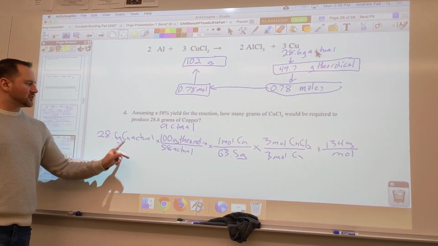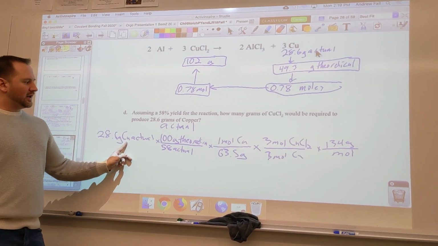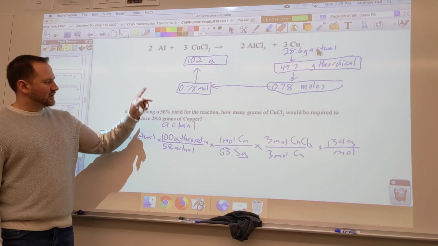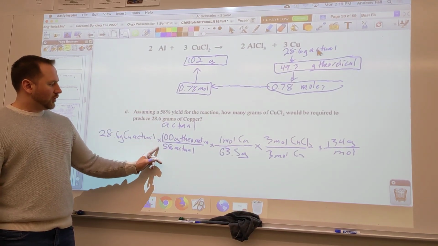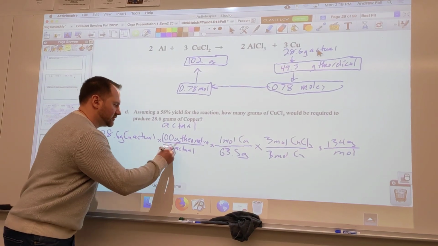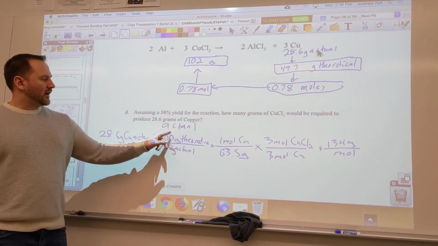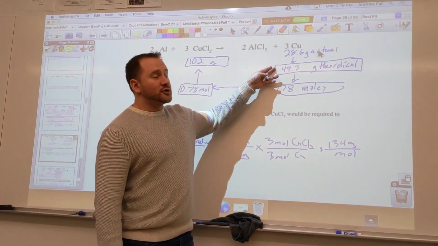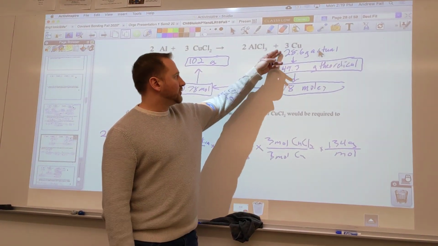So if I know that I actually need to make this much copper, and I know that it operates at a 58% yield, we can use our percent yield as a conversion factor. You only actually get 58 grams for every 100 grams you try to make. So when you do that, that means you really have to try to make 49.3 grams of copper.